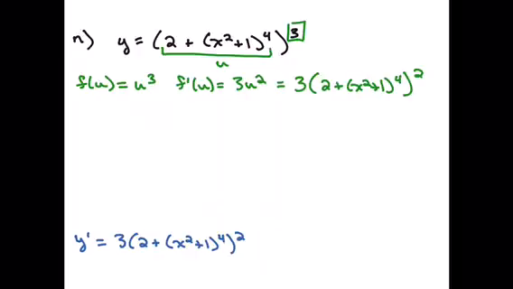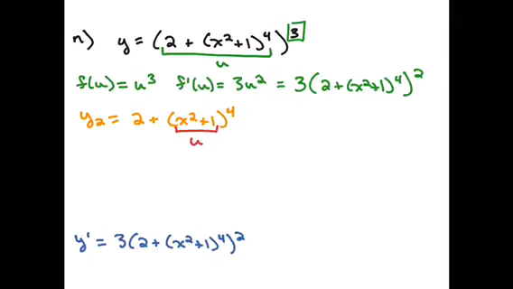And then we have to multiply that by the derivative of the next outermost function. So we'll let our u from the first instance be our second function. And again, it's a chain rule. And here I see x squared plus 1 being raised to the 4th power. So we'll let that be our u.